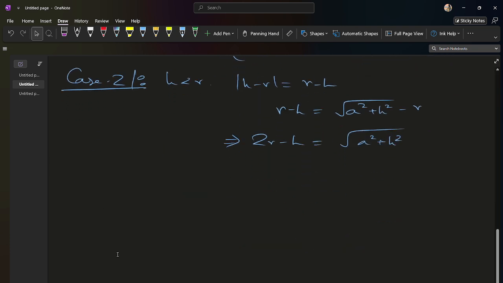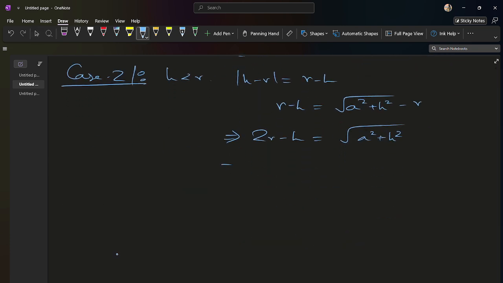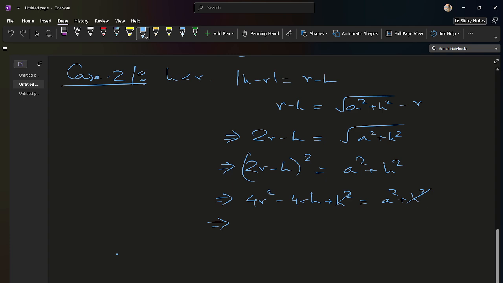Now we are going to square both sides. So we get 2r minus h whole square equals a square plus h square. Then we get 4r square minus 4rh plus h square equals a square plus h square. So we get 4r square minus 4rh equals a square.